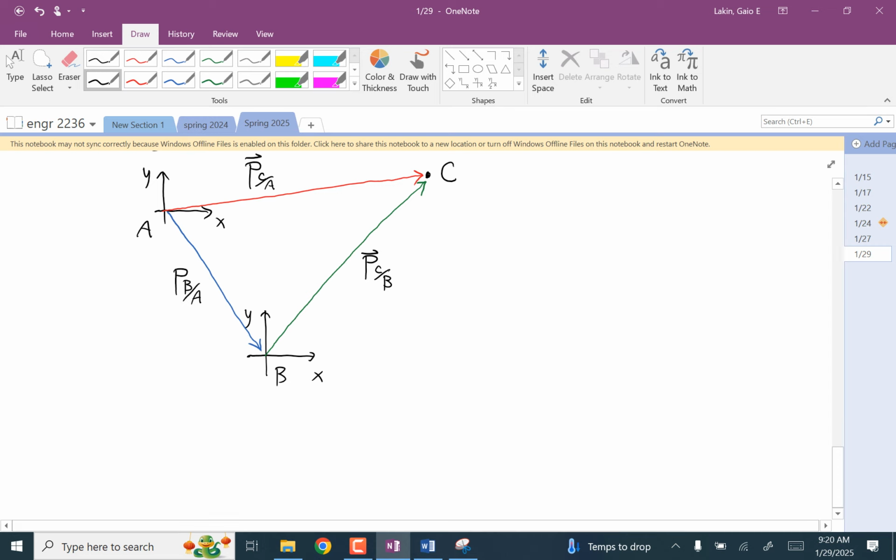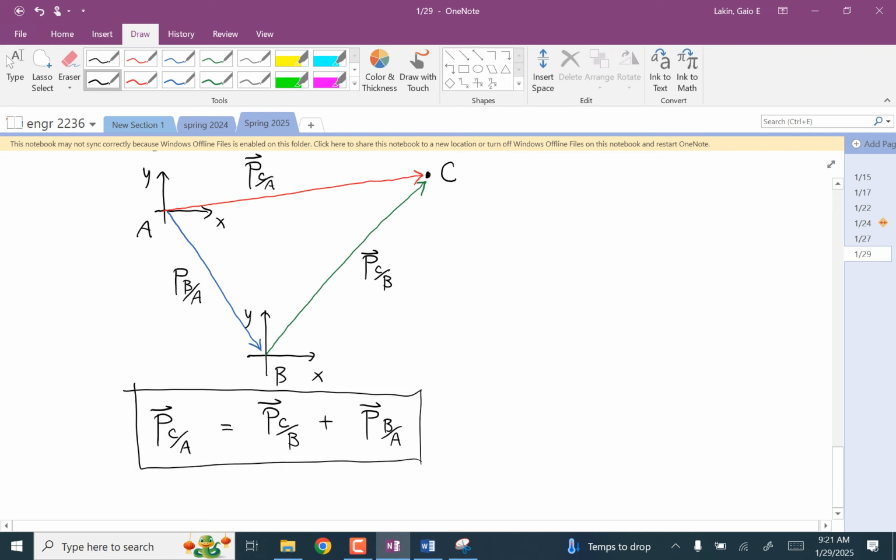And so the position of C relative to A is equal to the position of C relative to B plus the position of B relative to A. You could always draw out that triangle of vectors to come up with this, but there's an easier way to do it here.